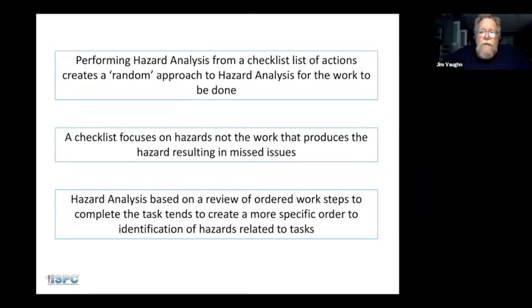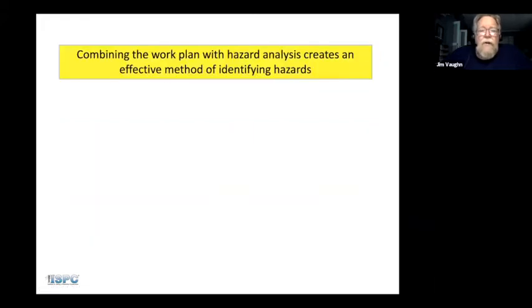If we're changing out a transformer or going to hang a transformer on a pole, there's hardly anybody in this group who doesn't understand what the requirements are to get that transformer on the pole. And you could probably walk through each of the steps that are going to happen. Now, we need to start those steps from the time we pull up on a job site. But from the time we park our trucks to the time we close the switch on that new transformer, almost everybody here could go through each of the steps. And that's what's been missing in our hazard analysis.